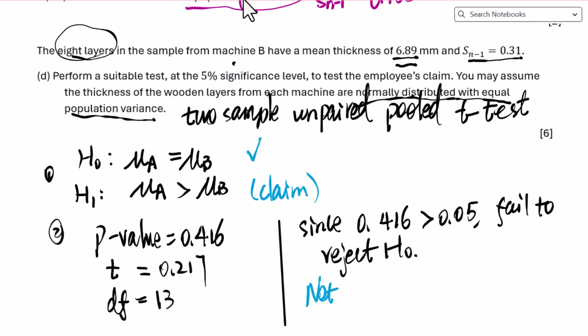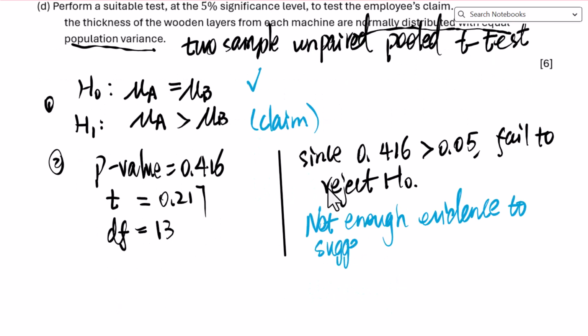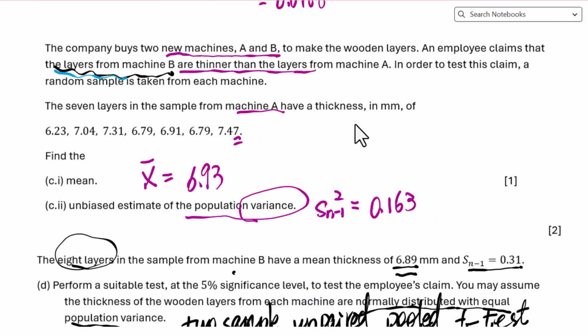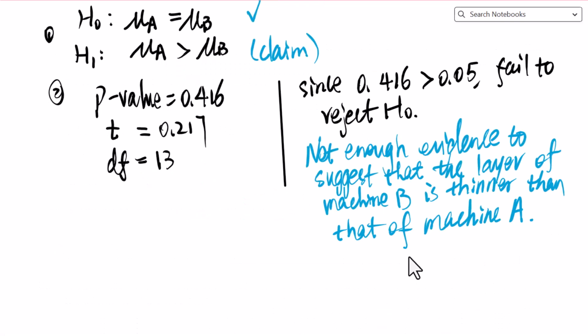So not enough evidence to suggest that the layer from machine B is thinner than the layer from machine A.